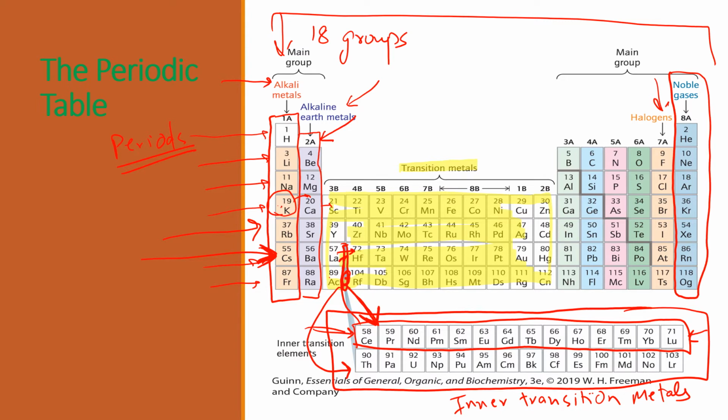Another example of a similar property within a group is noble gases. The property is that all of these elements are gases, and they do not generally react with other elements, and they are found in elemental state. Elemental state means that they are found as individual atoms.